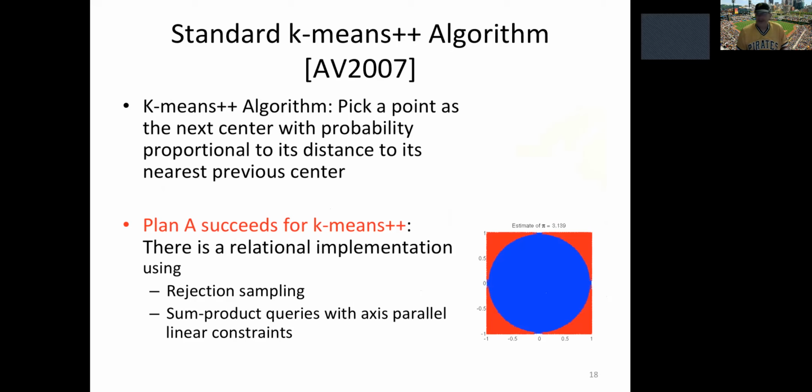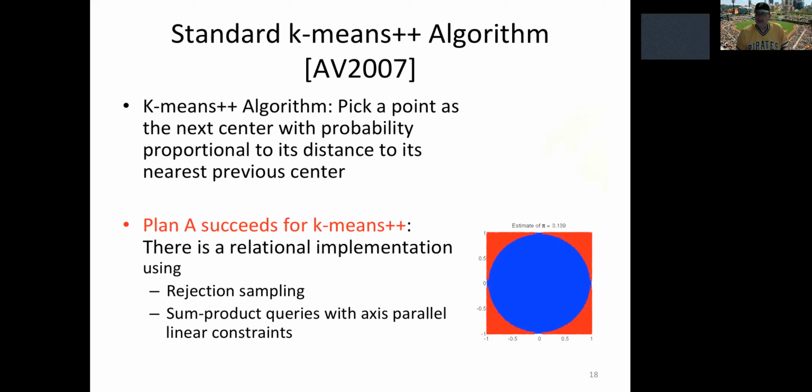All right, so in the paper, we look at two standard algorithms that are used for k-means. One is the k-means++ algorithm. And there, the centers are picked iteratively, and each point is picked as the next center with probability proportional to its distance to its nearest previous center.